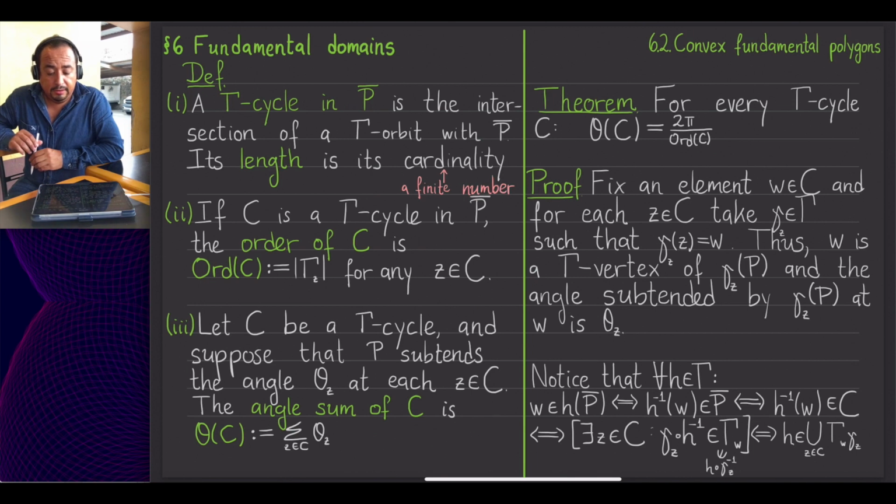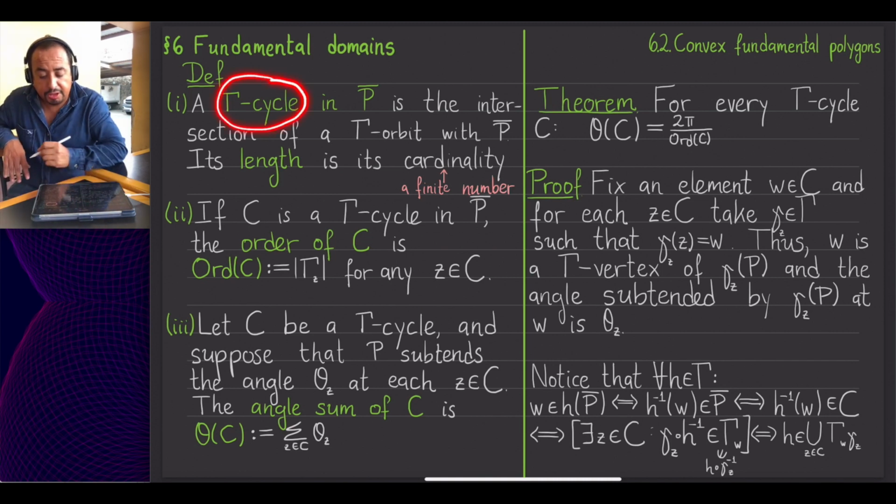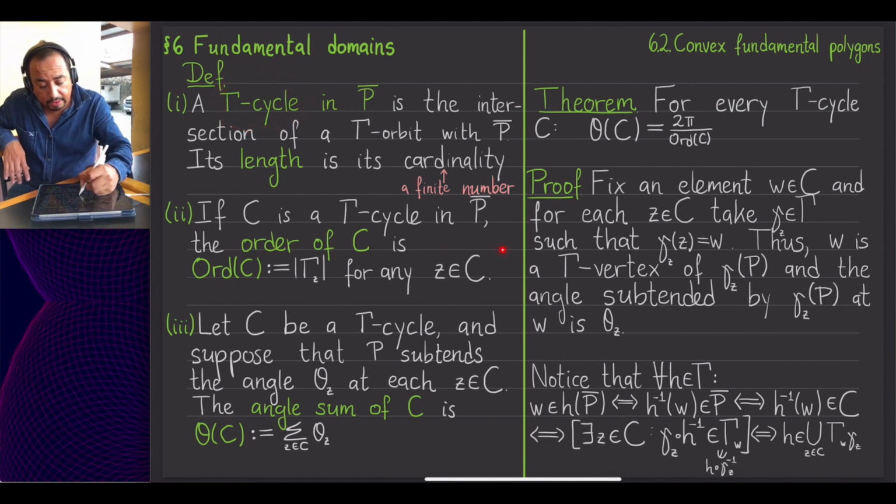Such a set is necessarily finite because of the local finiteness of P bar. Namely, take an element of such a gamma cycle, so it's in P bar, and then it's a compact set. That's a point. Right?